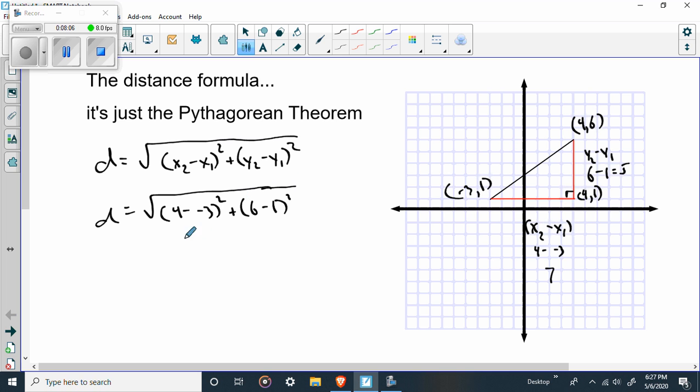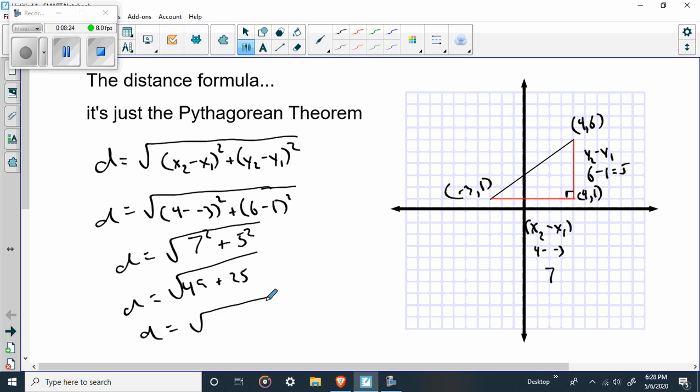Okay? 4 minus -3 is going to be 7 squared, like we said. 6 minus 1 is going to be 5 squared. 7 squared is 49. 5 squared is 25. So the distance is equal to the square root of 74. And I'm sure you can break that down, but that's not really our concern today. We'll get to that later, okay? But what's the distance between these two points? This is the square root of 74, whatever the square root of 74 is, okay?